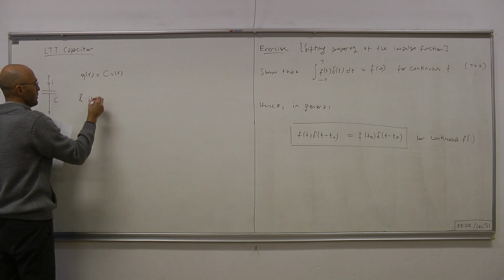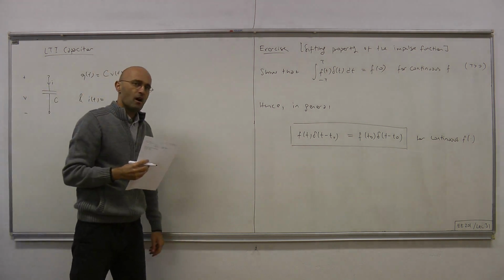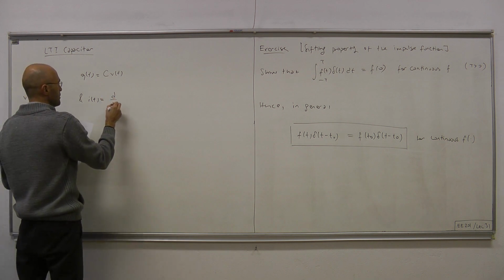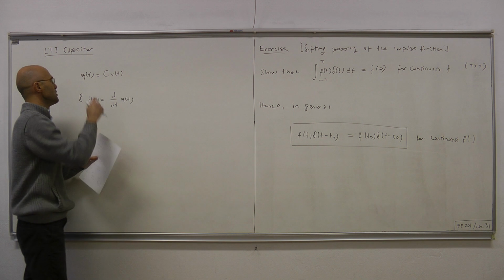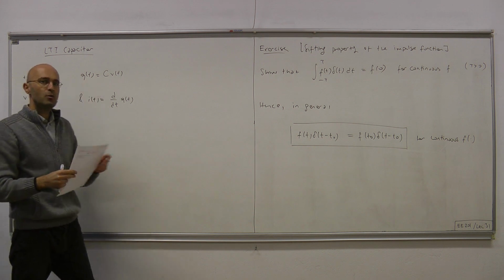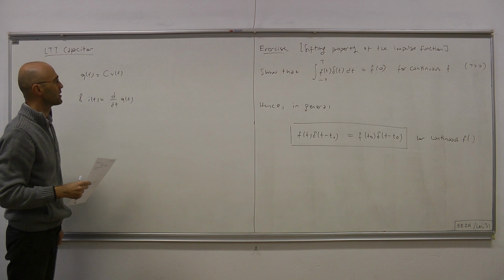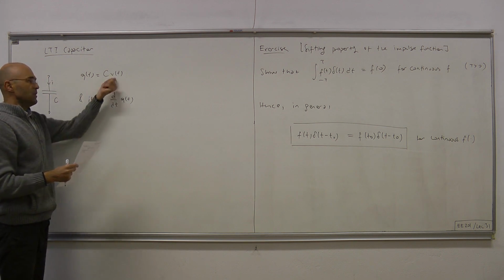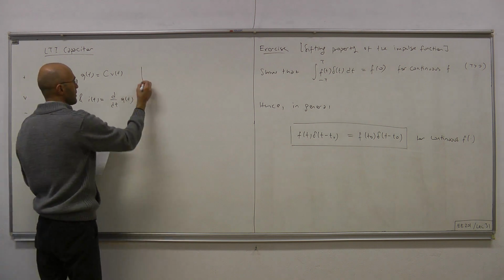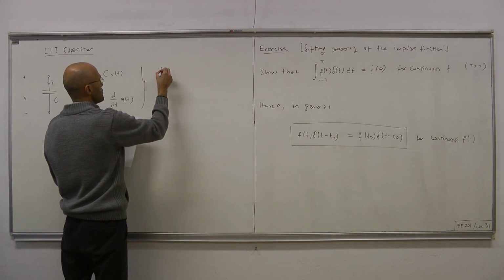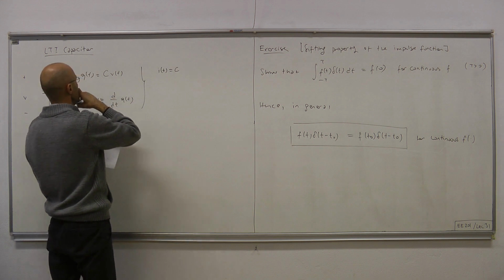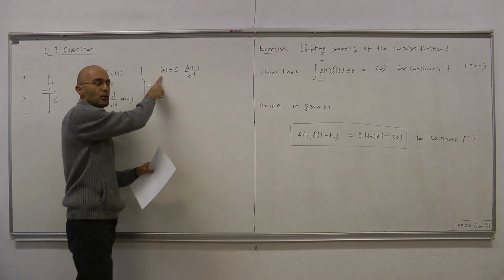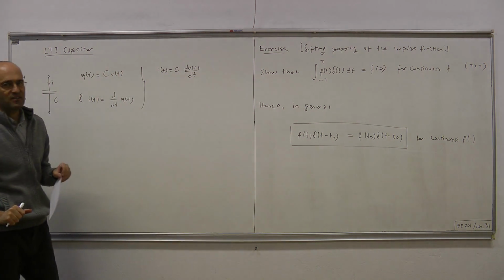And then we have the definition of current, which is the rate of change of charge, d over dt q of t. Using these two equations, we can get rid of the charge q and obtain a relation between current and voltage of the capacitor. So we can write i of t equals C dv(t)/dt, or i equals C times v dot.